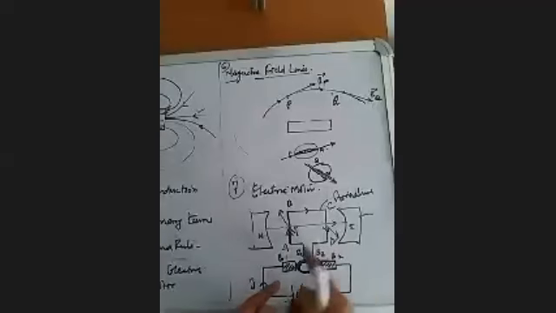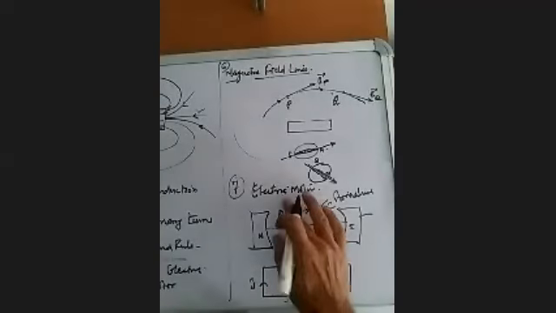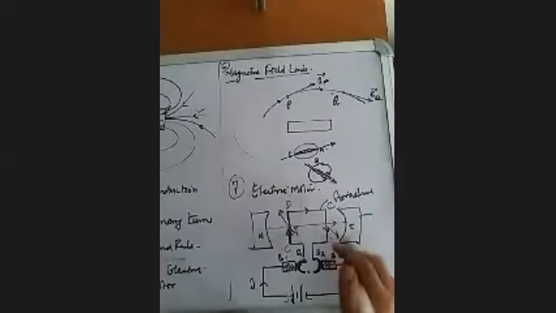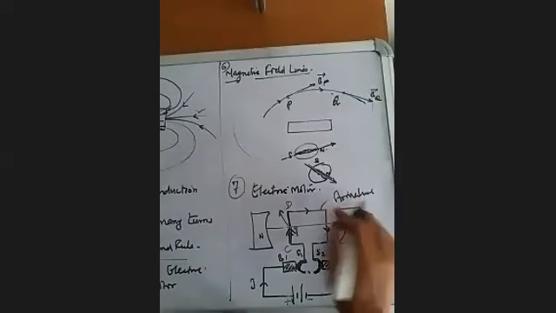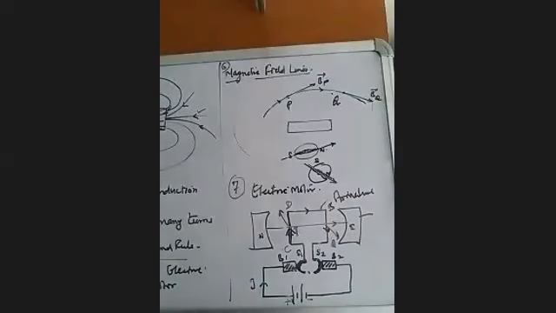Now in CD, the current will flow like this. When CD comes here, we will reach here. Then what will happen? Then again on CD, the force will be in the downward direction, and on AB, the force will be in the upward direction.